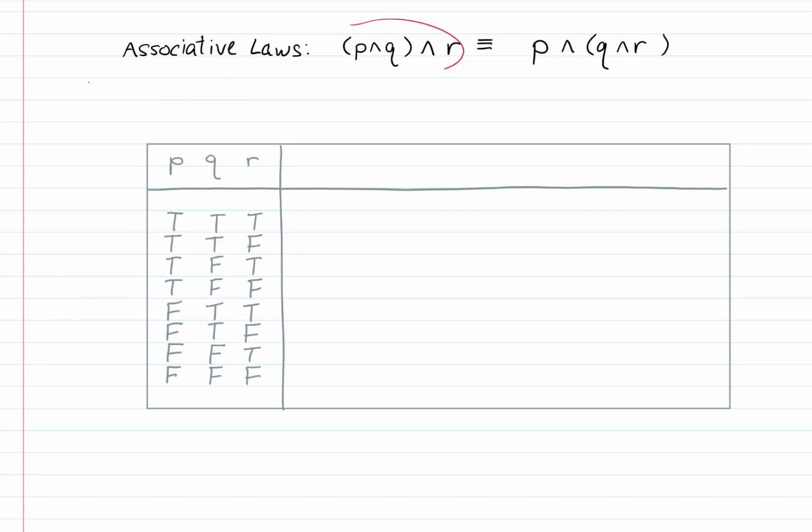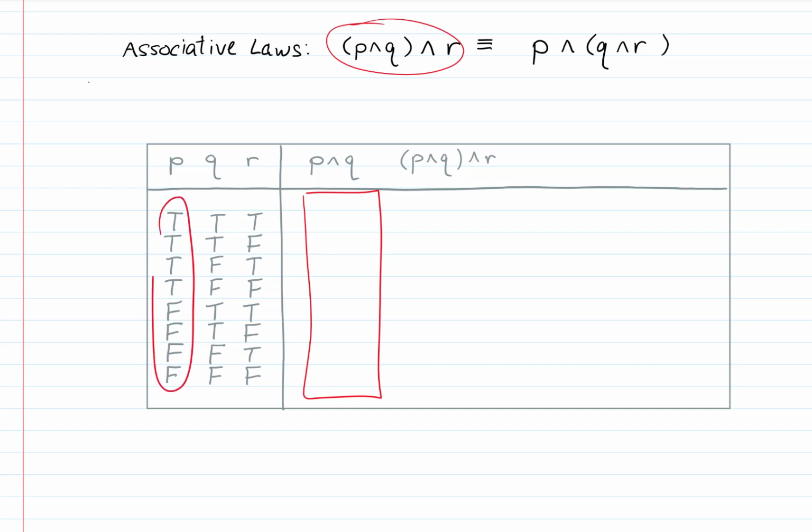Okay, I need to build up this statement form, so I'm going to do a column for P and Q, and then after that I will hook onto it R. Okay, so to do this column right here, that's a conjunction of P and Q. When are conjunctions true?